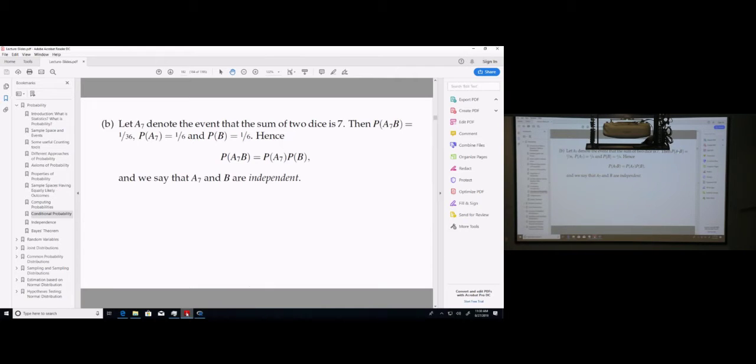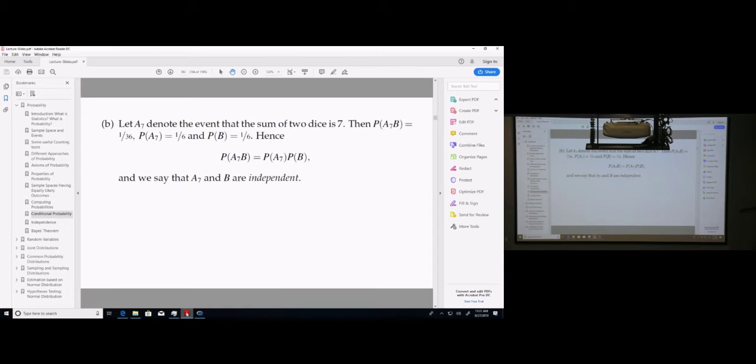If I know the sum is 7 and I know my first die, then of course I will know my second die, and so I only have 1 over 36. If you verify it, they are equal. So if you are looking at the sum, whether you know the first die is a 4 or not a 4 won't help you. So they are independent.